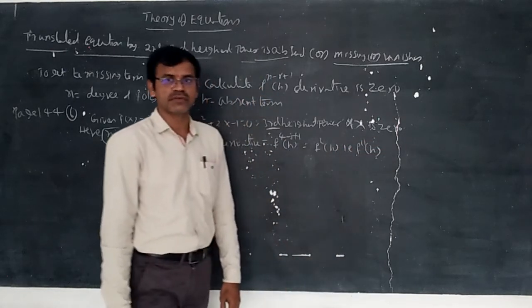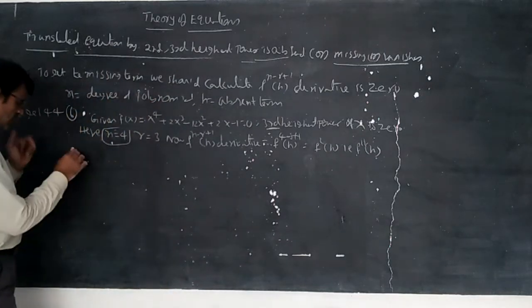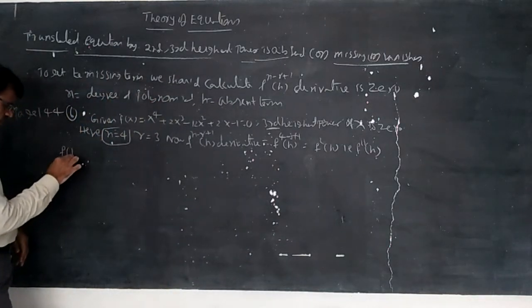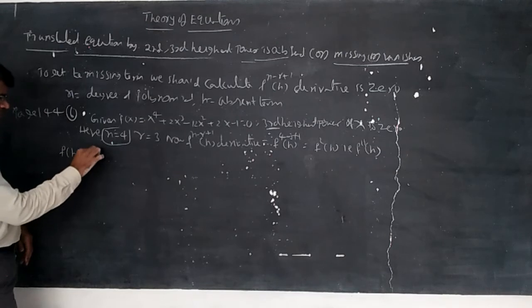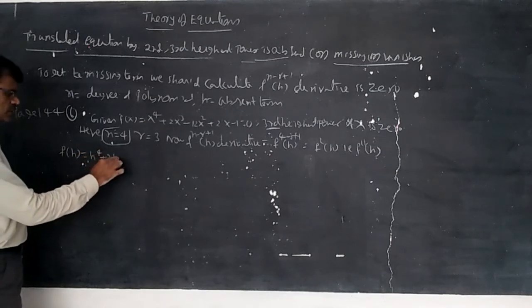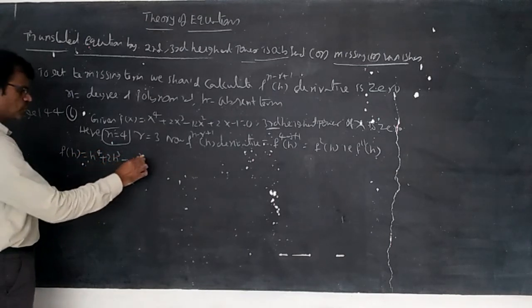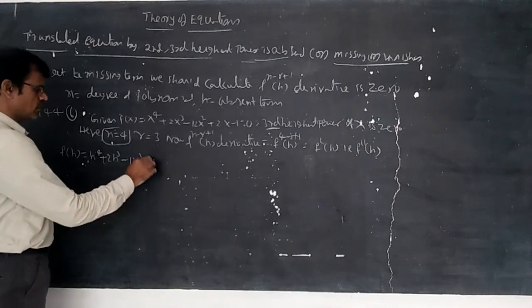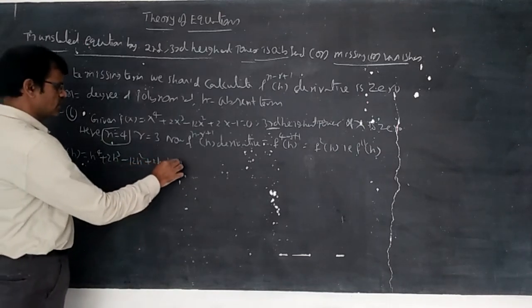So you should calculate the derivative 2 times. Now f of h is h power 4 plus 2h cubed minus 12h square plus 2h minus 1 equal to 0.